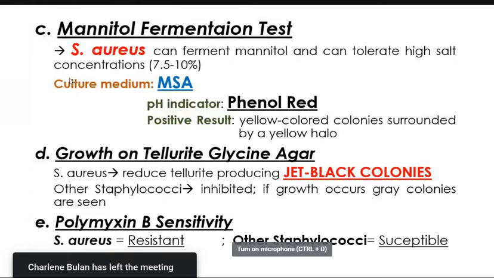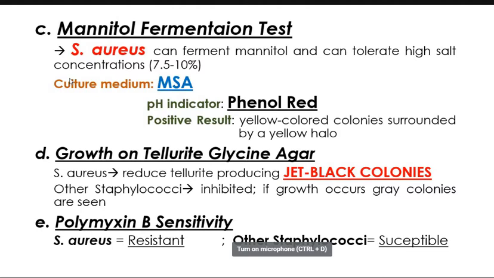And if ever na may growth, iba na ang kulay nila. They don't give the jet black colonies, which is characteristic of Staphylococcus aureus. Now, for polymyxin B sensitivity, so that S. aureus is resistant to polymyxin B, whereas other staphylococci are susceptible.